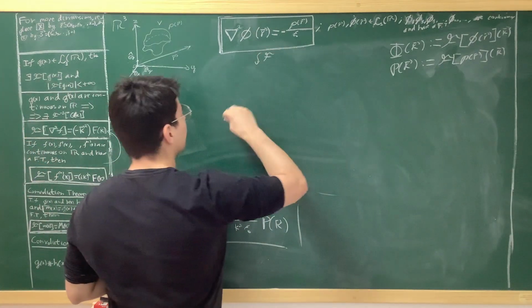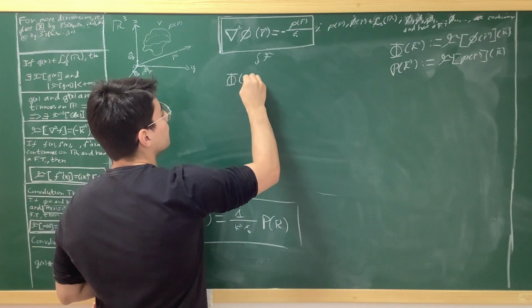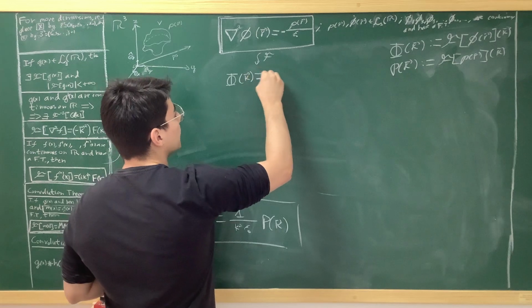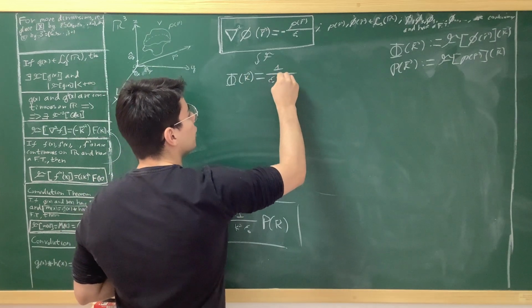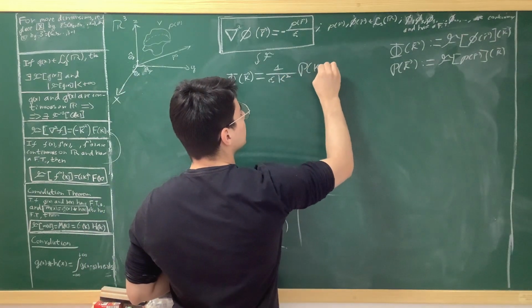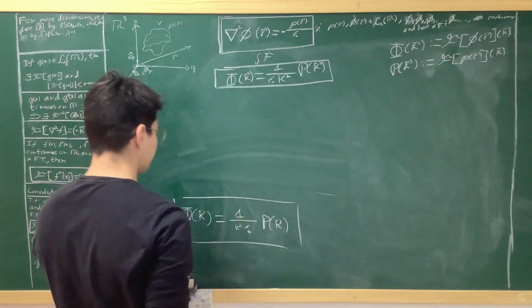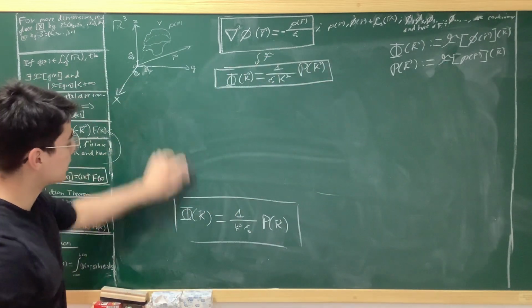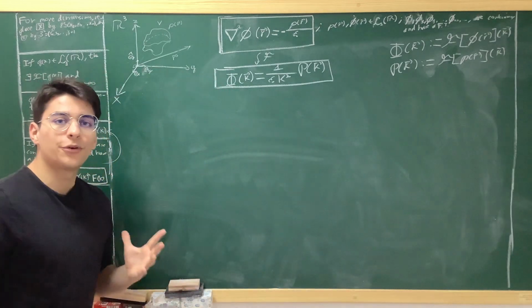So here we have taken the Fourier transform and gotten this expression. It's just this function, 1 over epsilon naught k squared, times the Fourier transform of the charge density. Okay. How do we proceed from here?